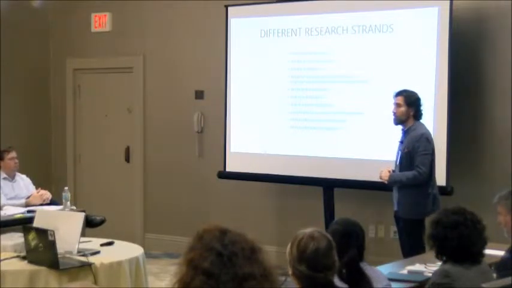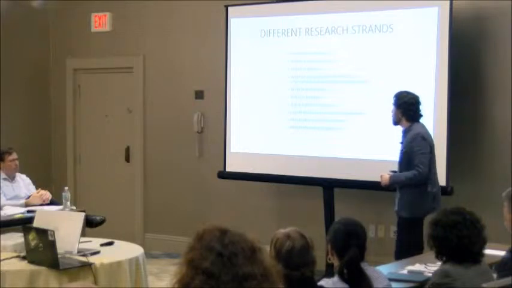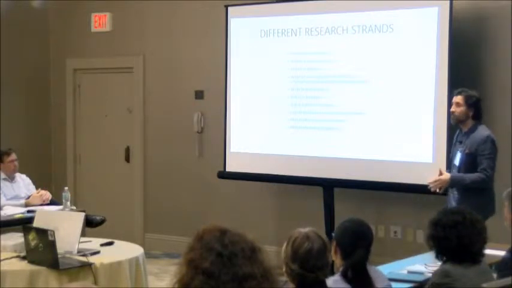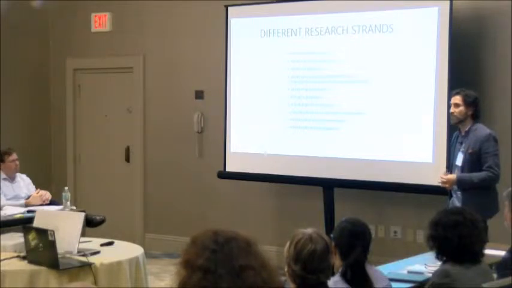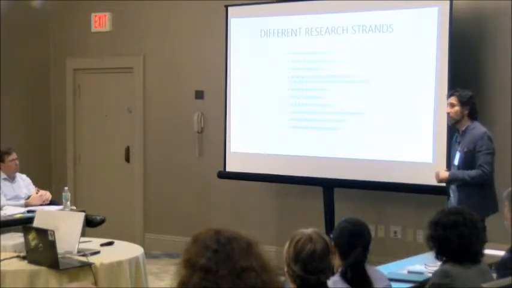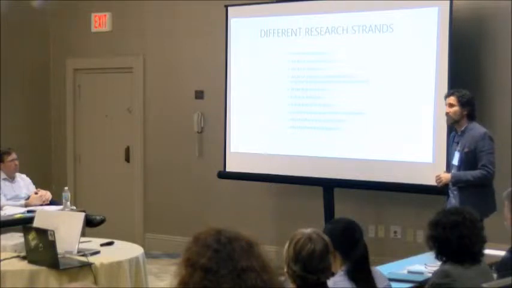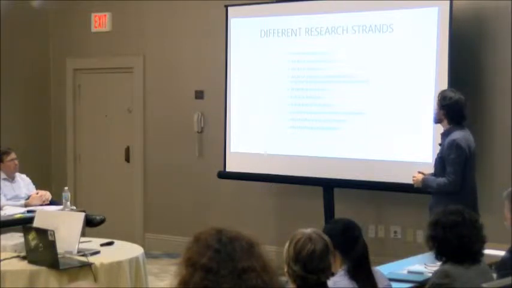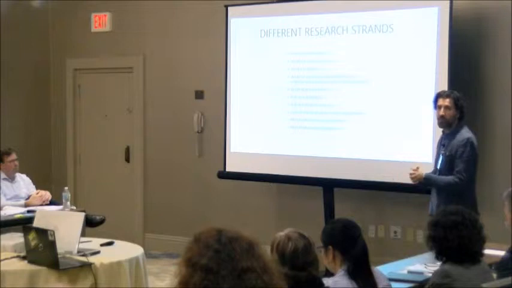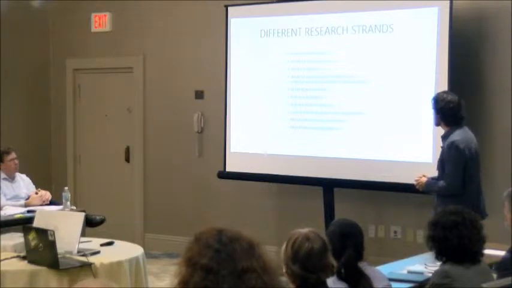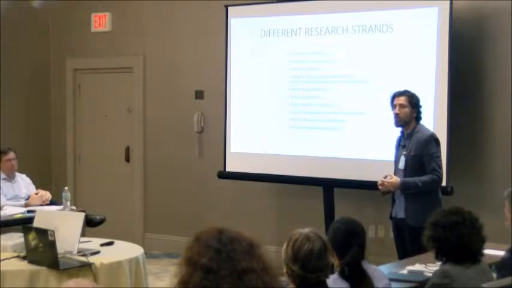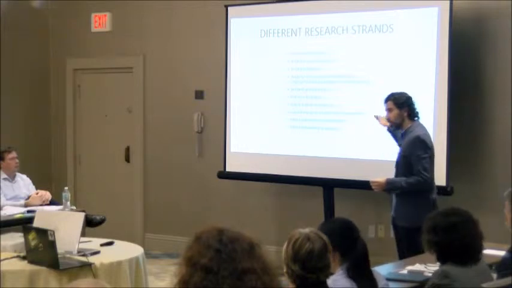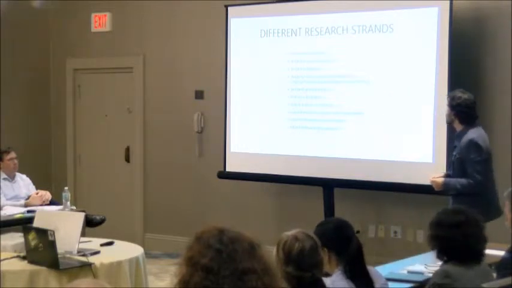When the tools and methods are used in the field, in the last 8 years, these research strands have emerged within the field. We have a lot of predictions of performance that is conducted using often machine learning algorithms that have been shown to be superior to traditional statistical methods. And many times these methods are used to detect students at risk, and I will show examples of several of these research strands later on.